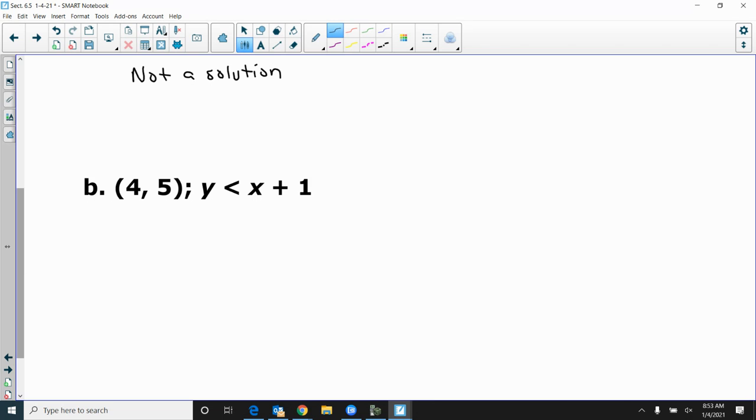All right, so the point (4, 5), and we're using the inequality y < x + 1. So we're going to plug in 5 for the y, less than 4 for the x, and then it's x + 1. When I simplify it, I get 5 is less than 5.